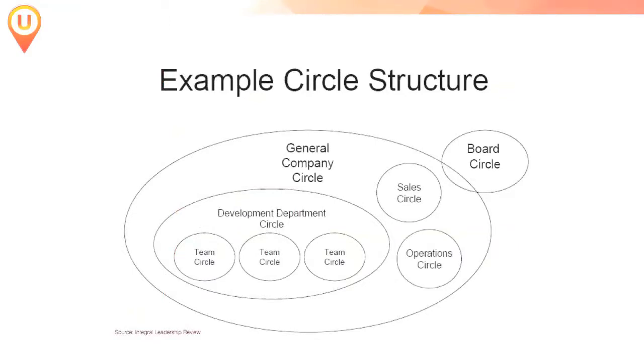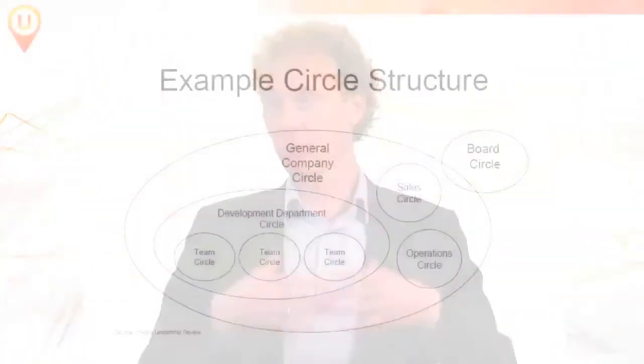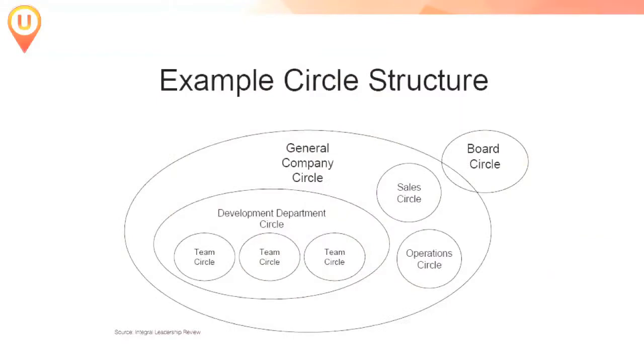And it's like a cell in the body, a cell which has a certain function in the organization. So those roles are working together in the circle for the purpose of that circle. So you would define what the purpose of that circle would be. So the general company circle, in this example, would be primarily about making the decisions, the strategic and bigger decisions for the company as a whole, leading the company as a whole.